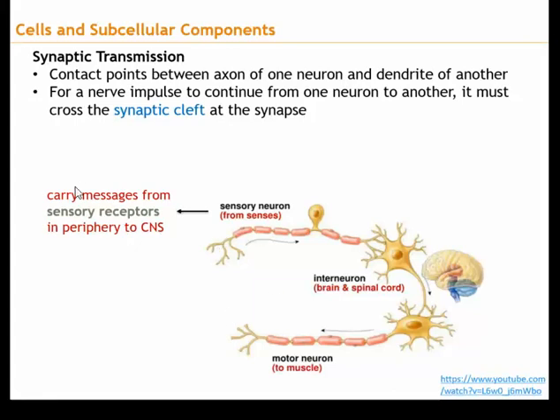So we're detecting the sensory information and sending it to the brain, which is sometimes where we have these interneurons. Interneurons are in the brain and the spinal cord. Not all processes involve an interneuron, but they can. They're connector neurons.